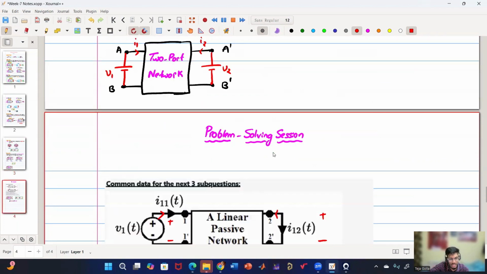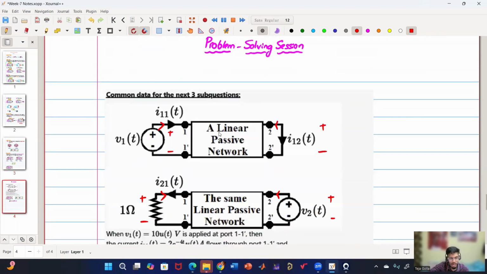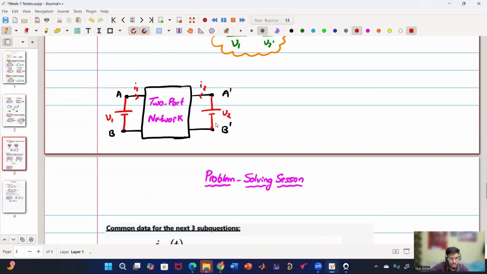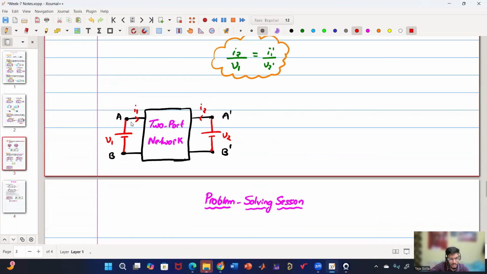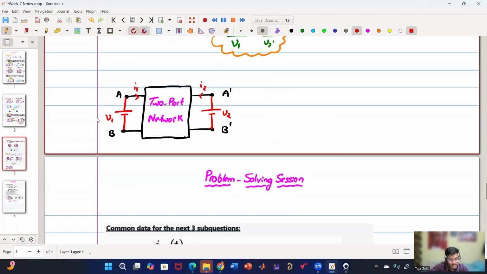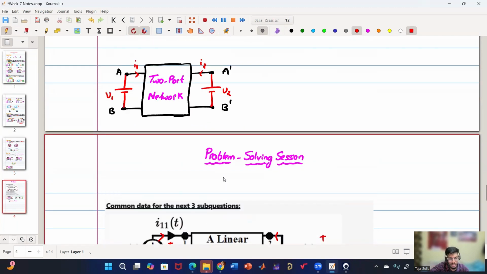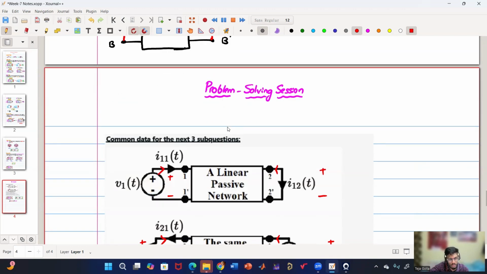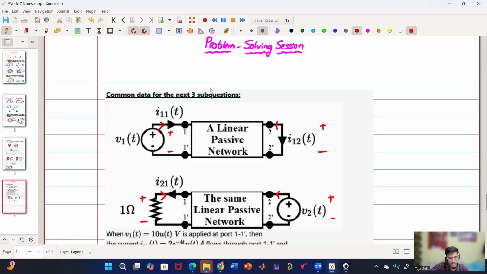So I am free to consider any polarity, but I have considered this polarity so that it will be constant, and whenever you see two-port network, you will remember this. Why consider a different polarity for this circuit and for two-port to consider this polarity? That will be confusing, right? Because it looks like a two-port, I am fixing this polarity and I'm also using it here. But you are free to consider any other polarity, which I don't recommend because that will be more confusing.